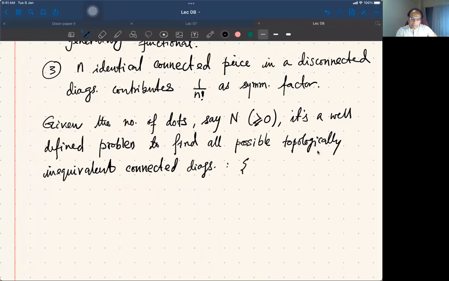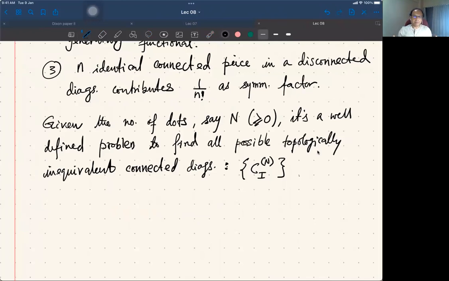Which means that I have a set C_I, which are the connected diagrams with n dots. If I tell you there's a propagator and there are certain vertices, 3 vertex, 4 vertex, 5 vertex, whatever it is, I give you the primitive vertices, then find out, given a value of n, the number of dots, what are the topologically inequivalent connected diagrams with n dots.